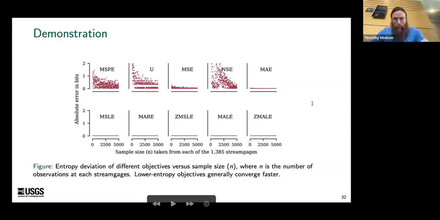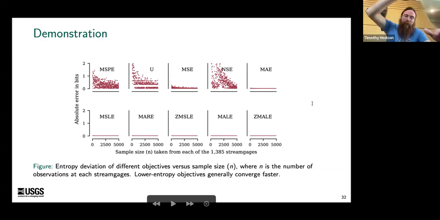You can notice that the lower entropy, the noisier objectives from the previous table, that's reflected here. We can see that noise pretty evidently.